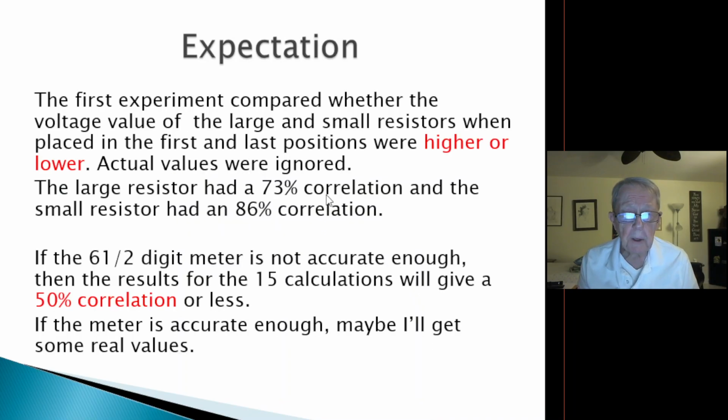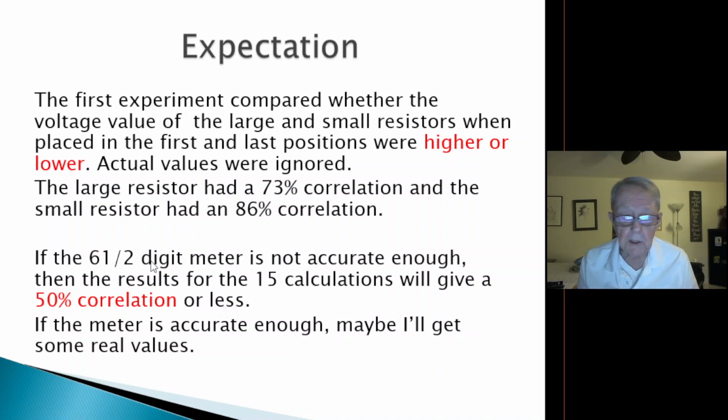Well, the first experiment compared whether the voltage value of the large and small resistors, when placed in the first and last positions, were higher or lower. Actual values were ignored. I just compared over and under. The large resistor had a 73% correlation to what was predicted, and the small resistor had an 86% correlation.